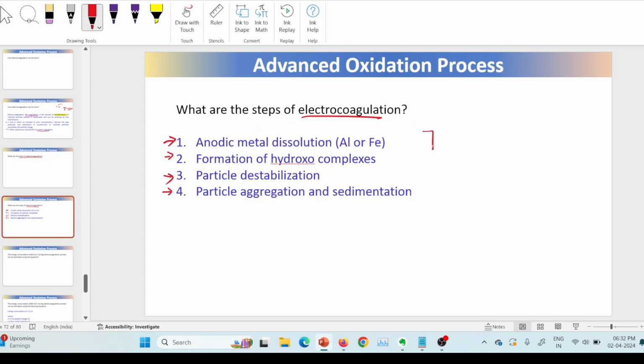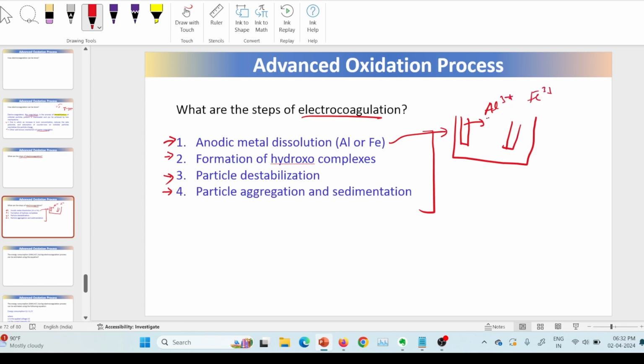So what are these steps? Anodic metal dissolution: the anode material will be dissolved. In the anode, oxidation occurs; in the cathode, reduction occurs. Anodic material will get oxidized and form Al3+ and Fe3+.